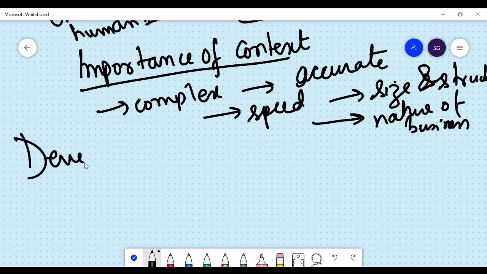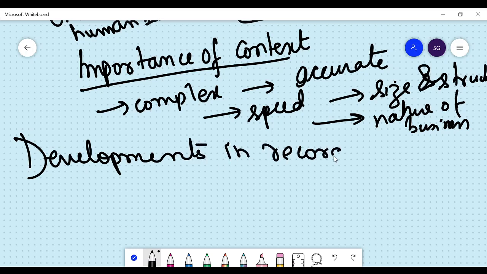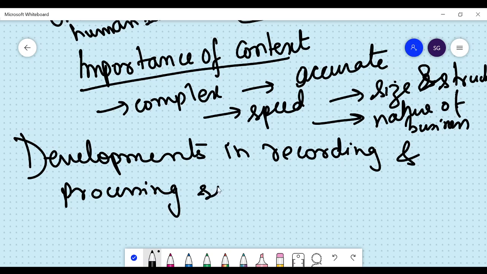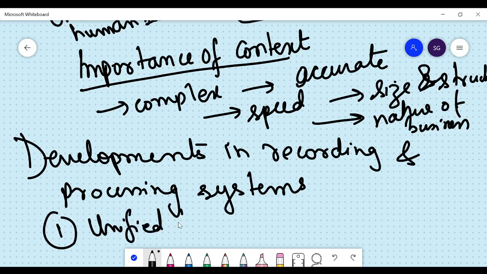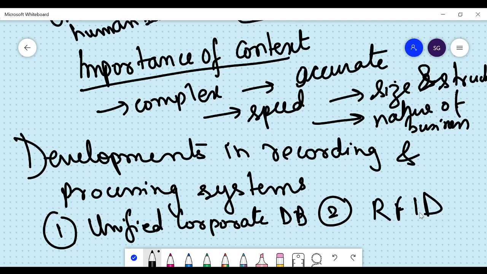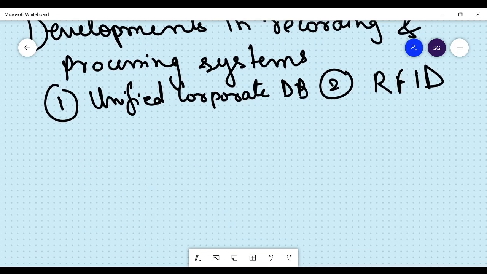There are two developments in recording and processing systems in today's time. One is unified corporate database, and second is RFID. Now, what are these two?